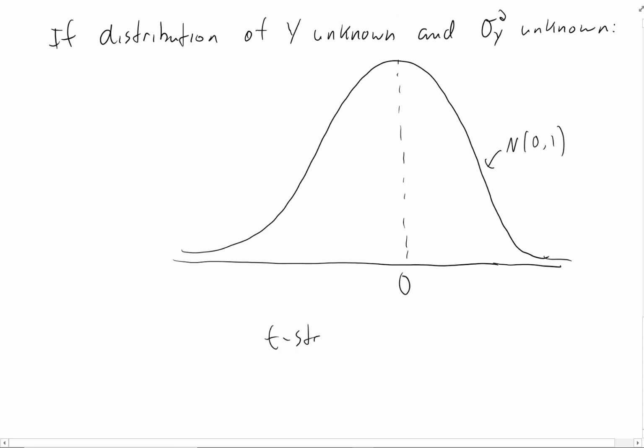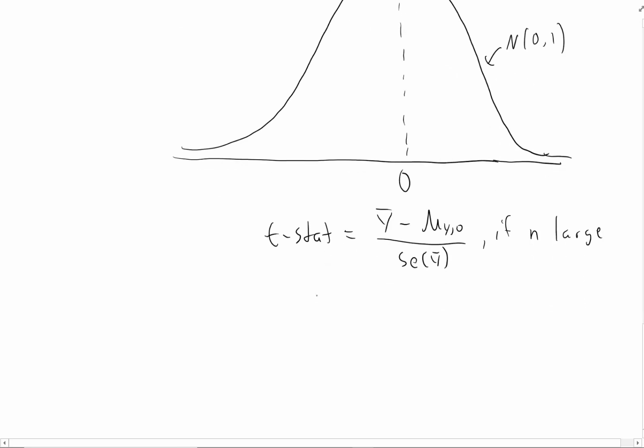Our t-stat equals y bar minus whatever your hypothesized value is, over the standard error of y bar, just like before. If n is large, as we discussed before, then the t-stat is distributed asymptotically normal 0, 1.